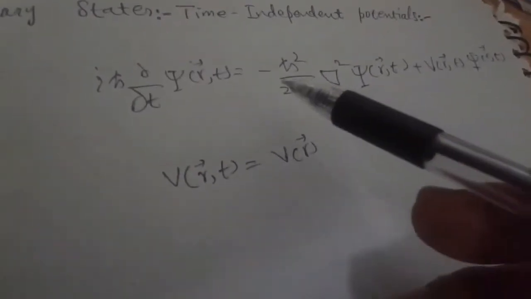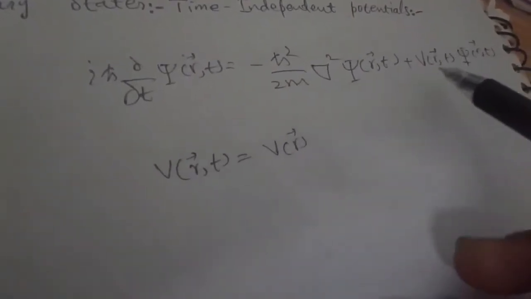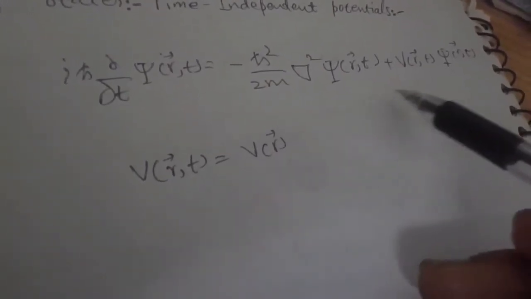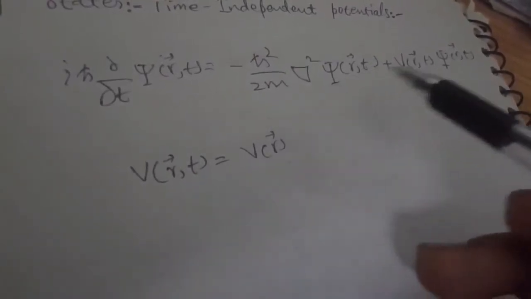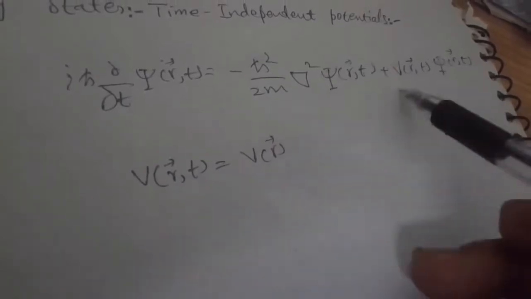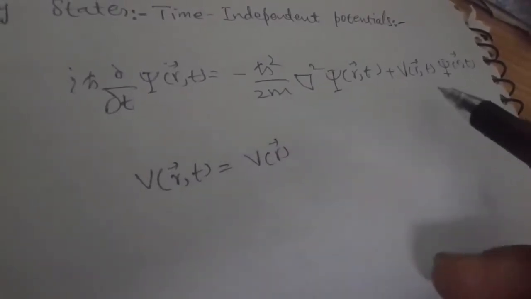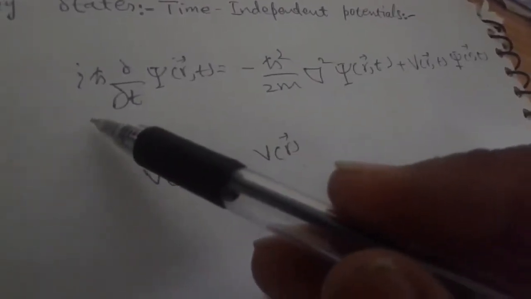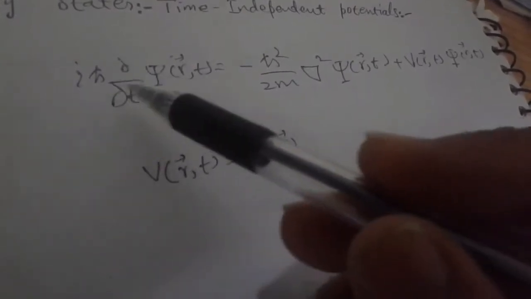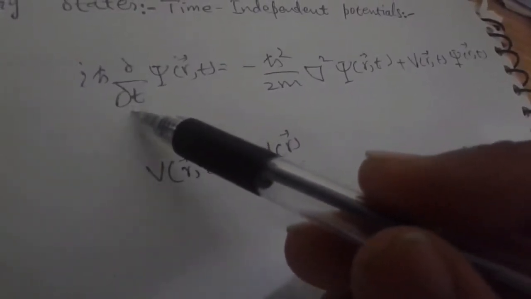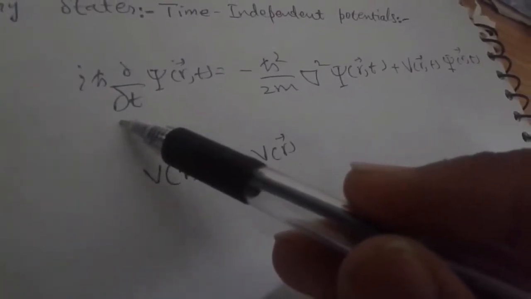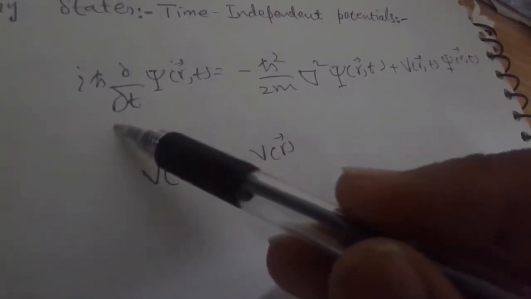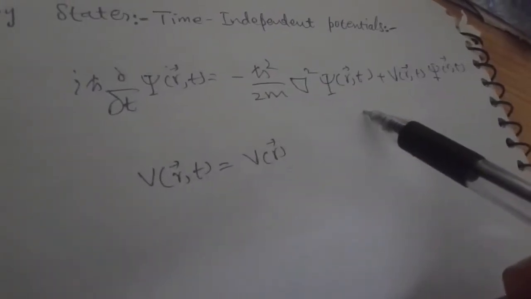Because the right hand side of the equation involves two things, the potential and the Hamiltonian, and both of these terms are independent of time, while the left hand side of the equation is ∂/∂t, the time derivative. So the left hand side depends on time, the right hand side is independent of time.